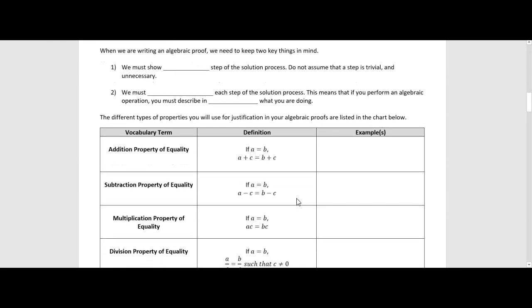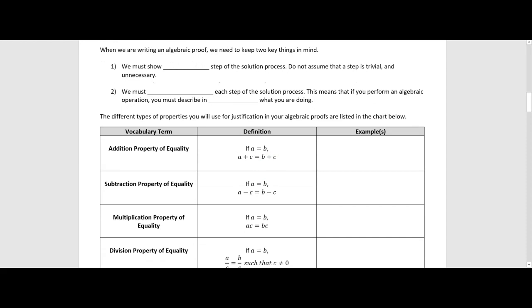When we are writing an algebraic proof, we need to keep two things in mind. We must show each step. So up above, right, we didn't leave any step out. We showed every step in the solution process. No step is unimportant, right? When you're writing a proof, you have to link every single step together. You can't assume that your audience understands anything.